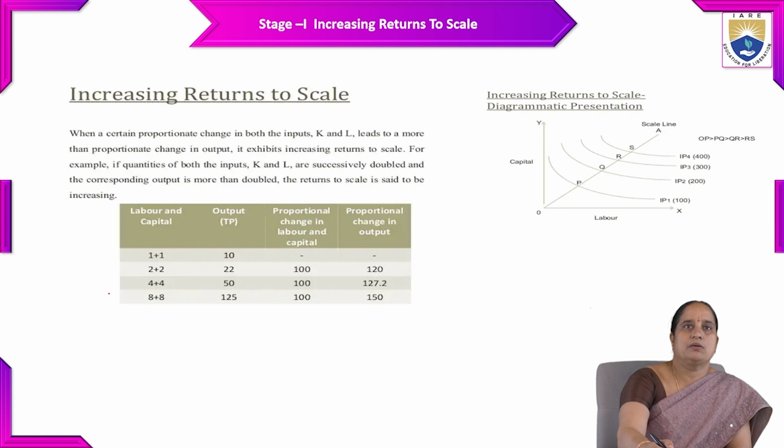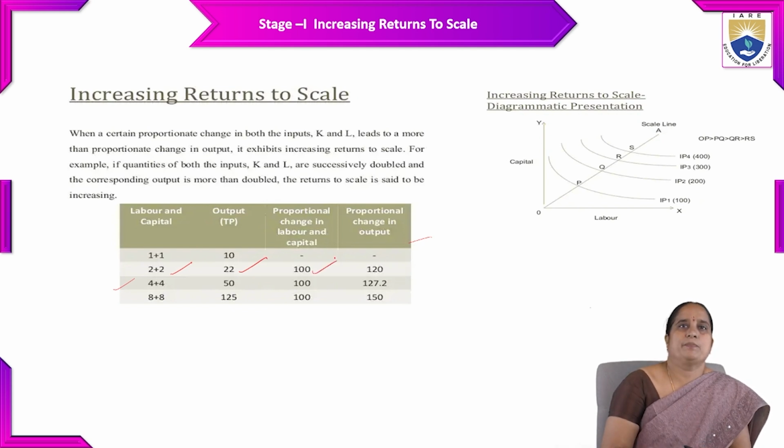If you see this particular table, 1 labor plus 1 capital, the output is 10 total product and the proportionate change is nothing, and the proportionate change in output is also 0. When you are adding an additional unit, 2 labor plus 2 capital, then your total product is 22, there is a 100% proportionate change in terms of inputs, whereas coming to output it becomes 120% proportionate change in output.